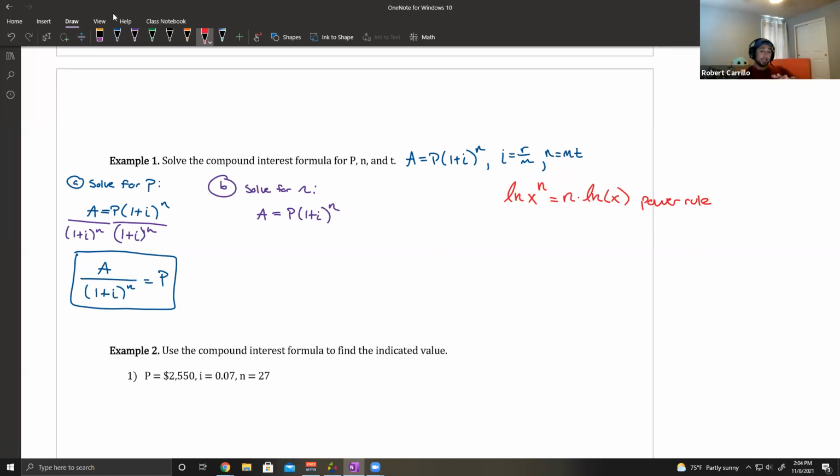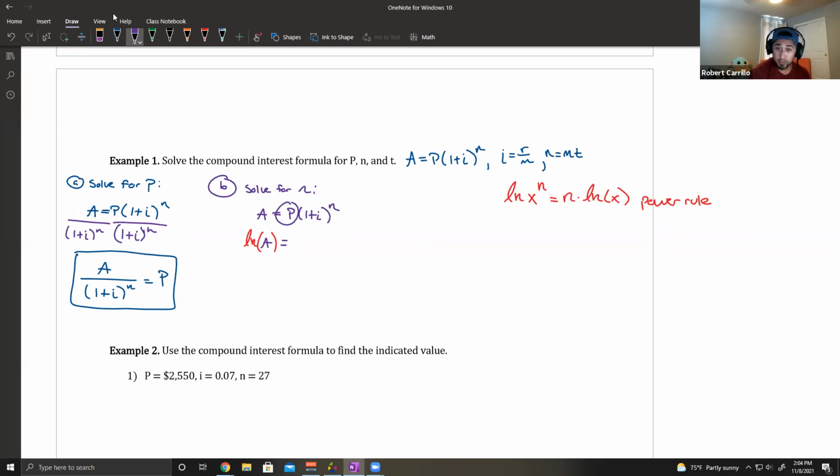So what this means is that in order to solve for n on this equation, I have to apply the natural logs to both sides of this equation. So this is going to look like this. The natural log of A is equal to, or actually, should I apply it just yet? No. I have to get rid of that P first.